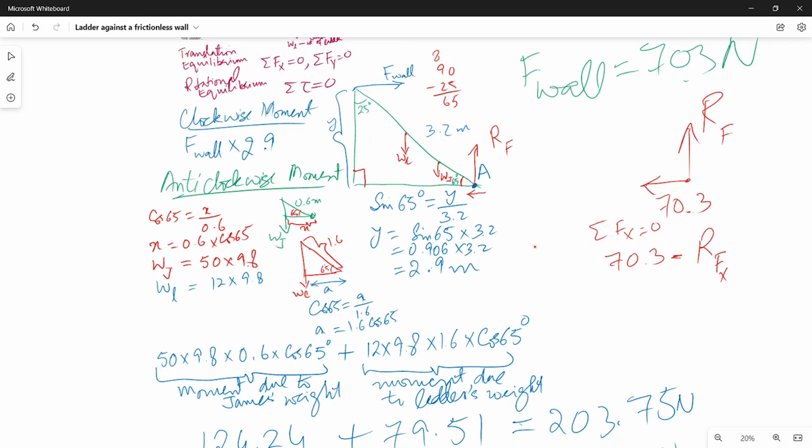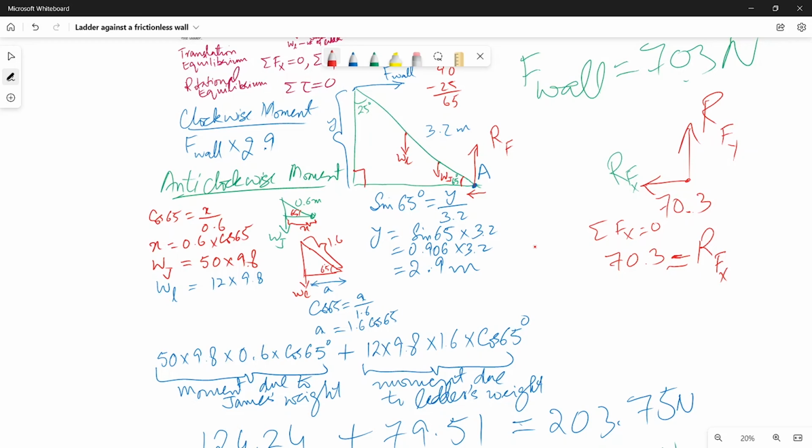I am writing Fx, so I am saying this thing is RFx and this may be RFy.